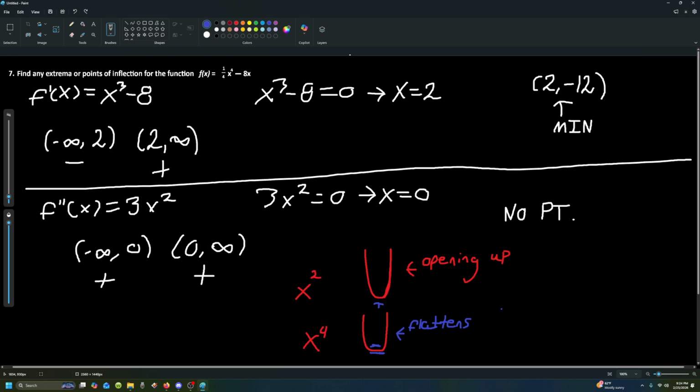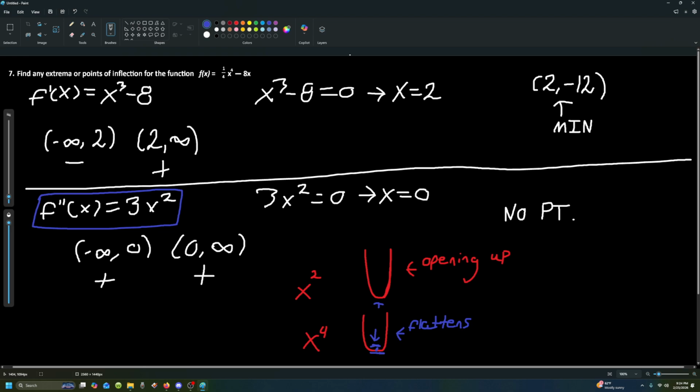But when you check on both sides, if you plug in x values to this f double prime of x equation, negative and positive, you'll get positive answers. So the graph itself is still concave up. It's just that at the vertex right here, at the point x equals 0, there's no concavity.